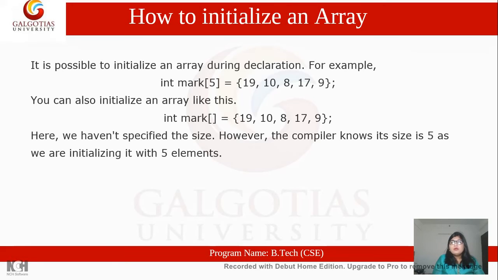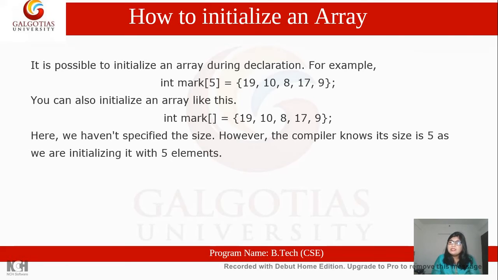It is possible to initialize an array during declaration. For example, if I write integer mark, and in the square braces 5, is equal to, as you can see, 19, 10, 8, 17, 9. Here integer is my data type, mark is my array name. In the square braces, if I write 5, that means the size of the array is 5. It can hold up to 5 elements. Now this equal to sign is an assignment operator through which we are assigning the 5 values to elements.